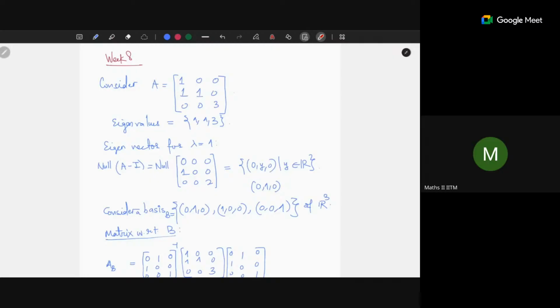But what we can do is convert it into an upper triangular matrix. How? We have found one eigenvector for lambda equal to 1. We will consider a basis that starts with this eigenvector (0, 1, 0), and we complete this basis.